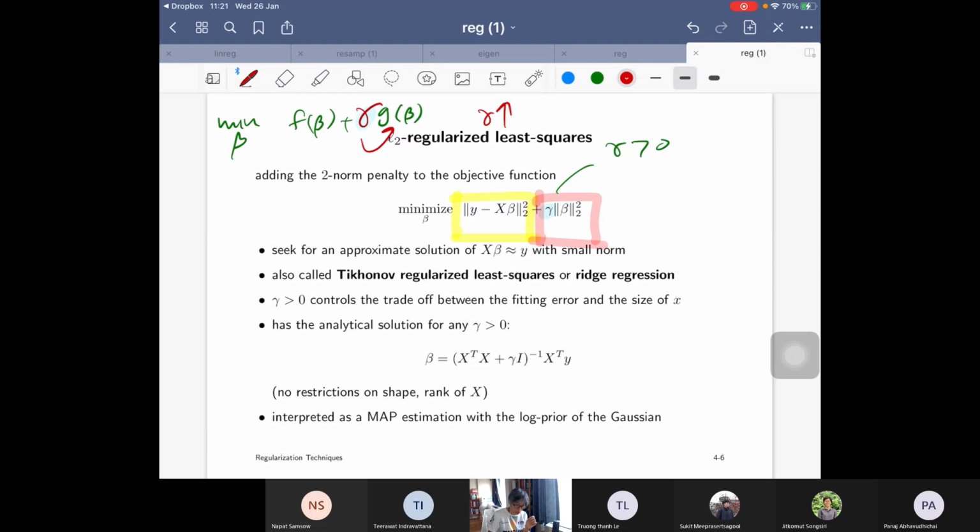So if we explain that in this scenario, the meaning of minimizing the norm of beta squared is that you prefer a regression coefficient that has a small norm. And why do we want beta to have a small norm?